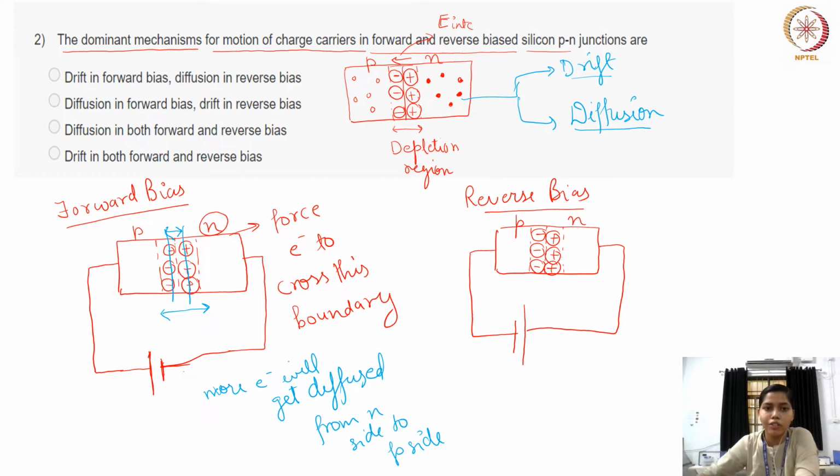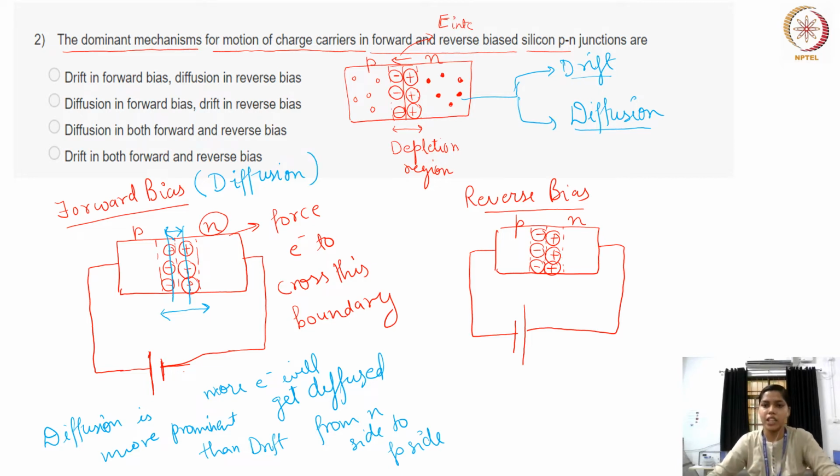So in the case of the forward bias, you can see here the diffusion is more prominent than drift. So from this we get, in the case of the forward bias, diffusion will be the dominant mechanism of the motion of the charge carriers.